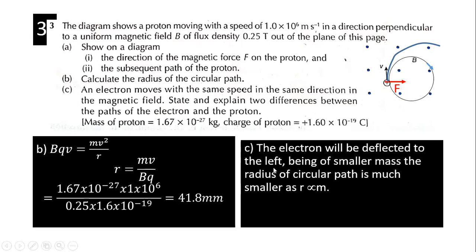Being smaller mass, radius is also smaller, because your R is proportional to M. V is the same, charge is the same, so it's proportional to M. That's all you need to say, two differences.